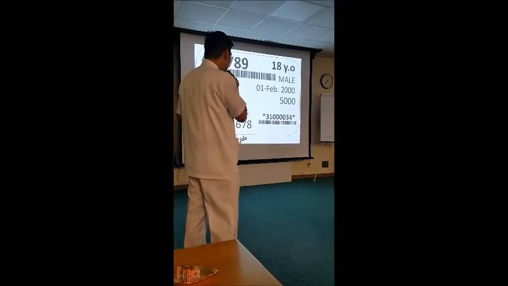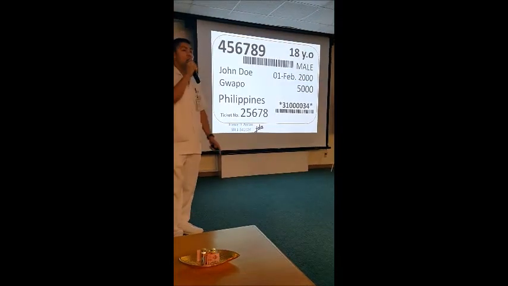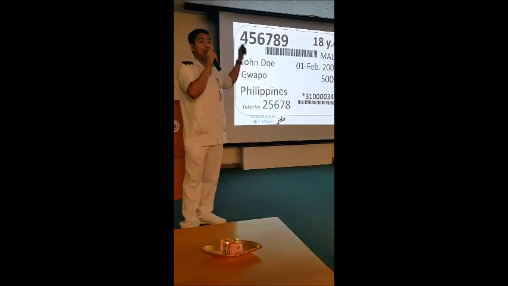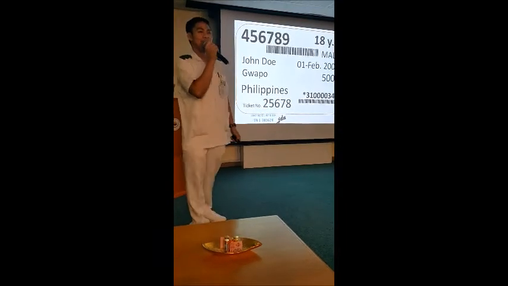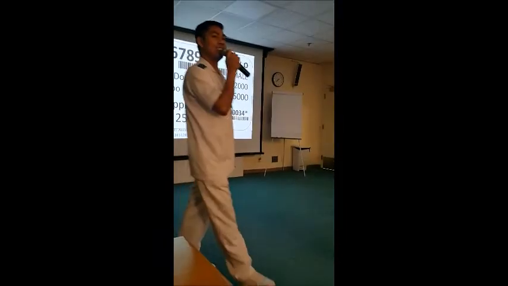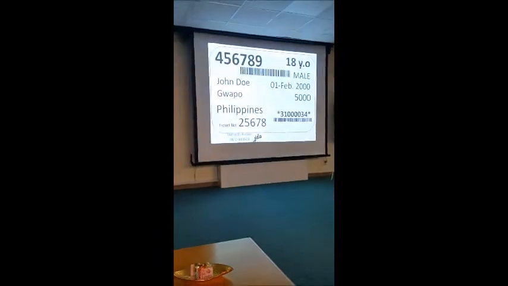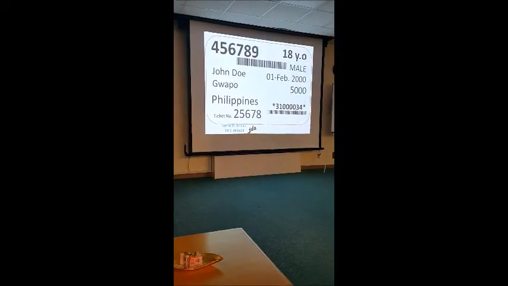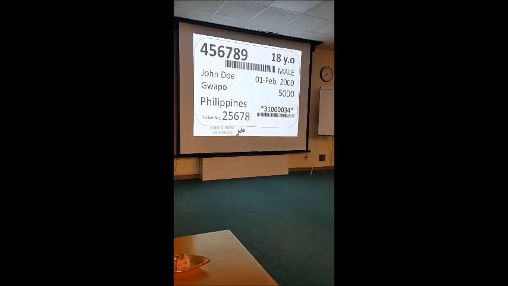And never ever put your stamp and your signature outside the sticker. Why? Somebody can still change the sticker and it will be under your name. Somebody can change the sticker and the ID number is somebody else's. Thank you very much.